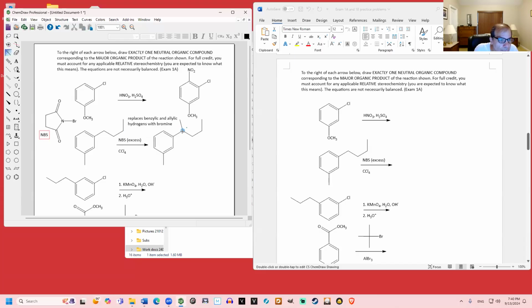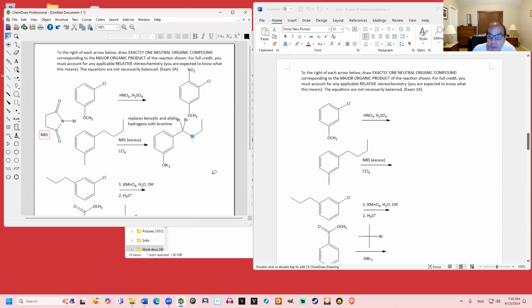So these 2 hydrogens would be replaced with bromine, and the 3 hydrogens on the methyl group would be replaced with bromine. So I think you'd get that compound as the major product. It doesn't touch any of the other hydrogens.